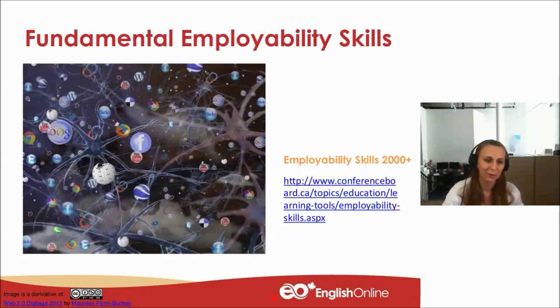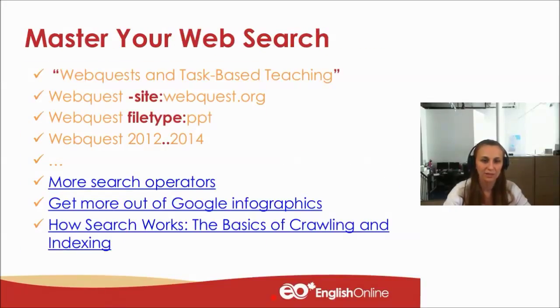So let's discuss how we can use the capabilities of Google search to enhance the digital skill of locating information. You can easily narrow down your search, and you can teach your learners to do that by adding symbols and words to your search query.